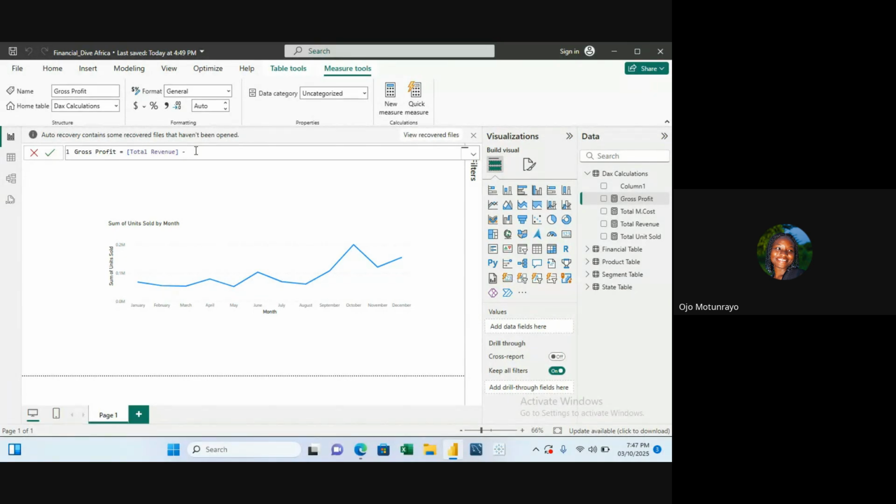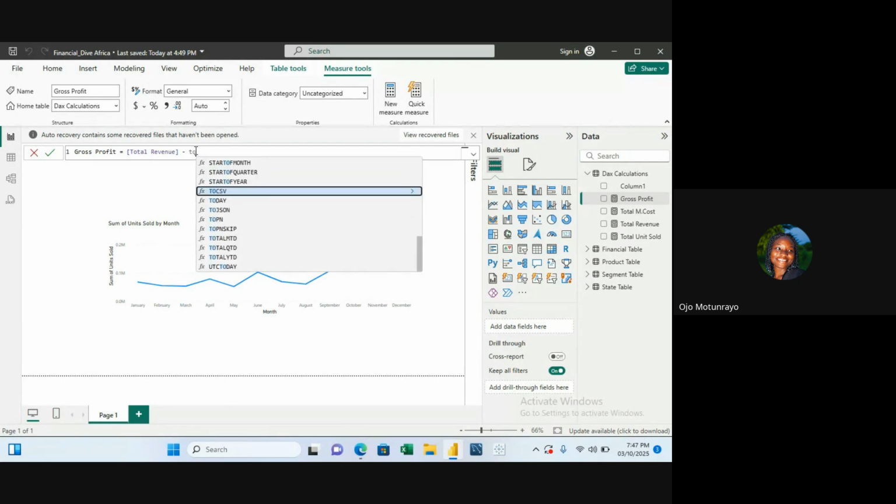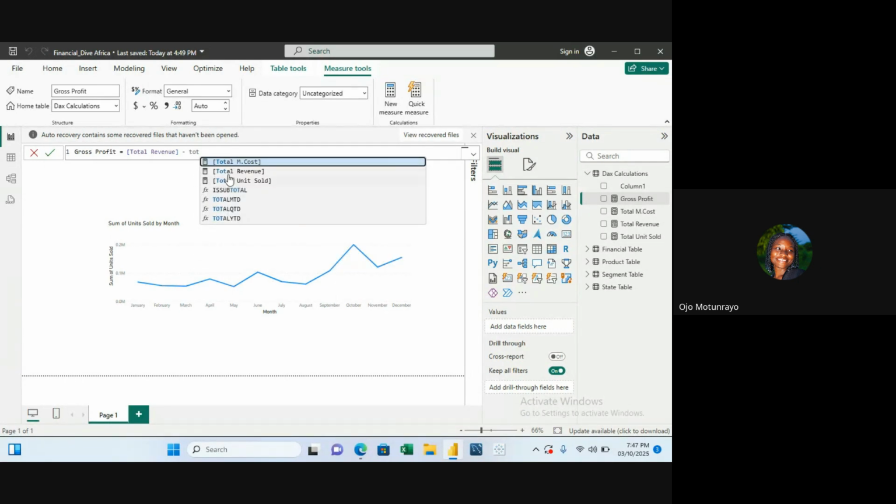Total revenue minus total manufacturing cost, which is this. We've created a measure for total revenue, and we created a measure for total manufacturing cost. That's why we can see it here.